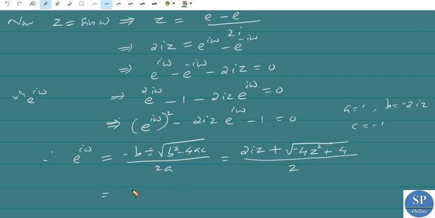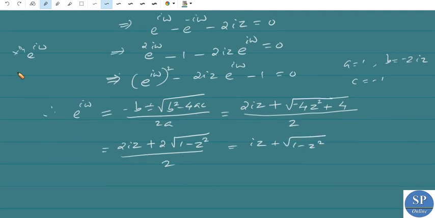So this is equal to 2iz plus 2 into square root of 1 minus z square, divided by 2. Dividing by 2 we get iz plus square root of 1 minus z square. This is e power iw.